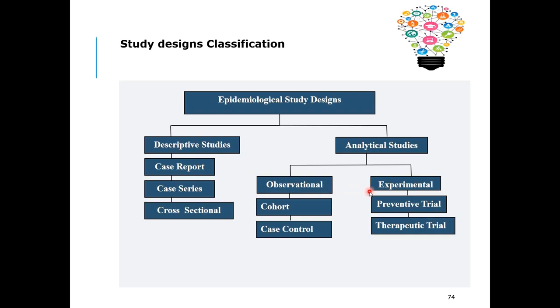This is very important to understand that if a researcher is only observing, he is conducting an observational study. And if he is manipulating something which will change the outcome of interest, then he will be conducting an experimental study.